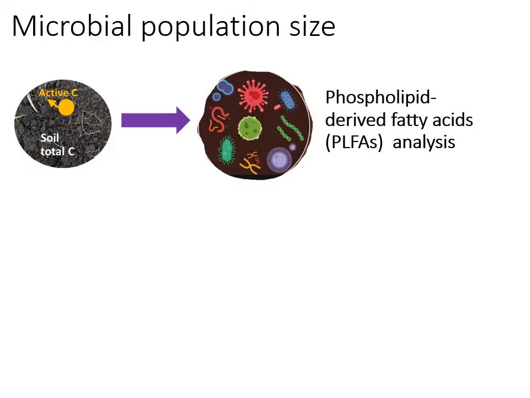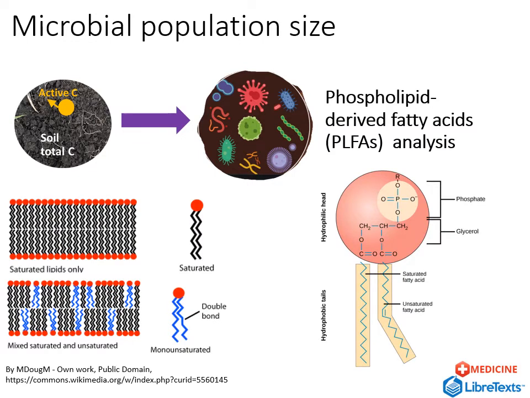And the next thing we look at is the microbial populations. We analyze the phospholipid fatty acid extracted from soil. Phospholipids are important components of the cell membranes, and different microbial groups differ in the chemical compositions of the PLFA markers, such as the number of unsaturated carbon bonds.